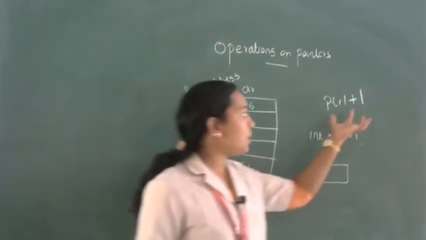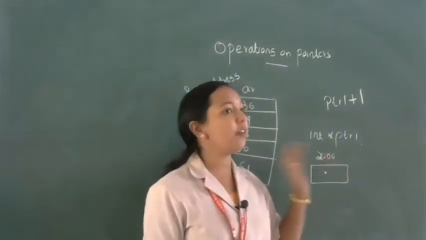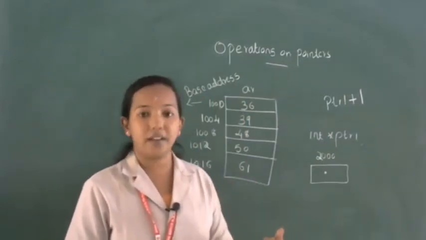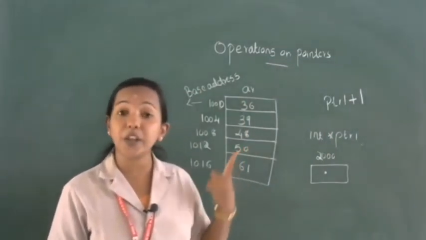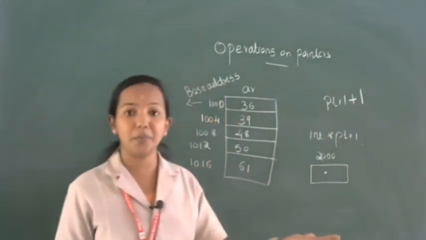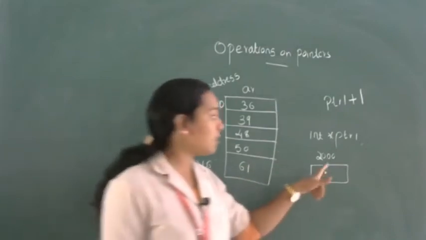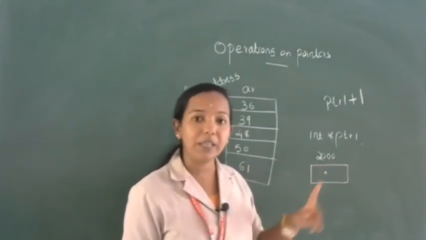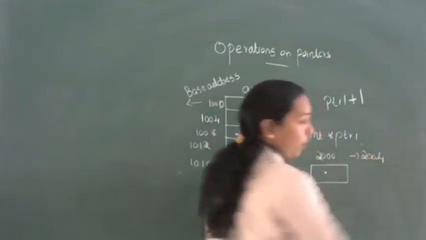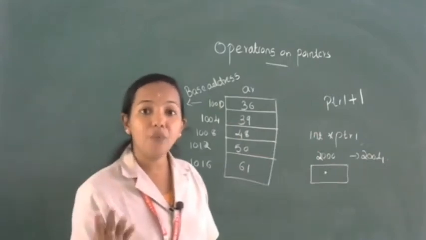The value of ptr1 is 2000. If we add 1, it would lead to 2001. But here it is an integer pointer, so it will move to the next pointer variable, which means plus 4. So instead of 2001, the value will be 2004. If we are incrementing by 1, it is incrementing by 4.